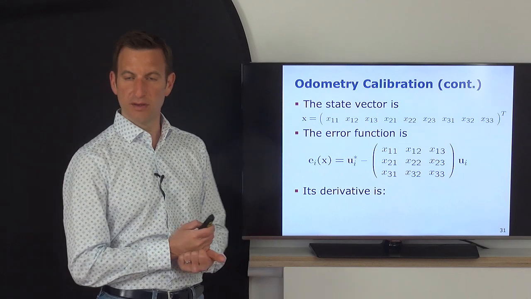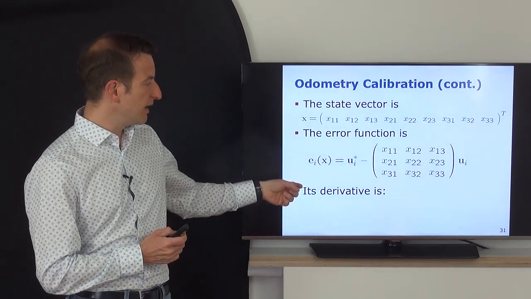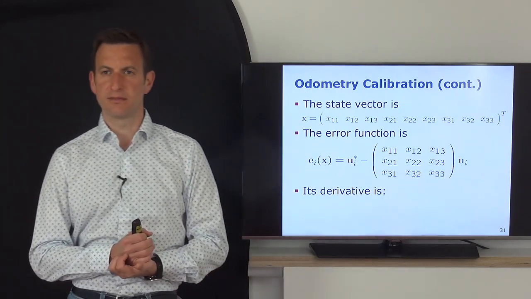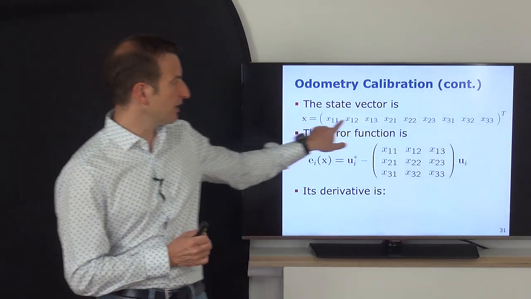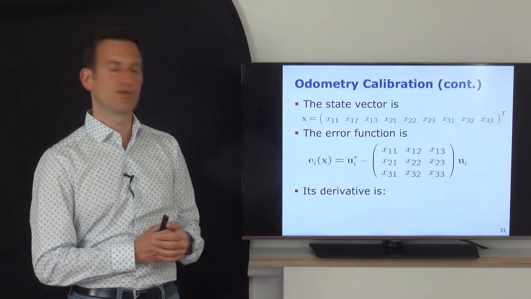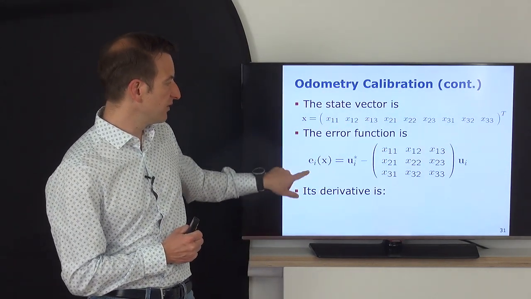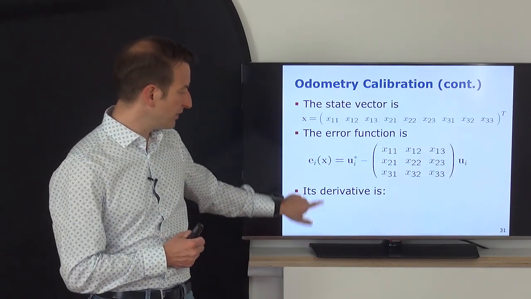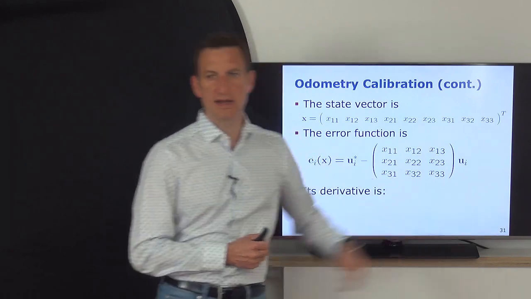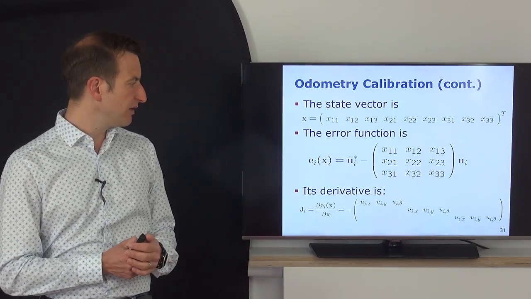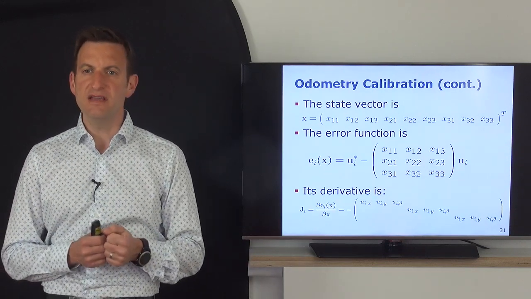So my Jacobian will be a matrix which has 9 columns, because we have these 9 dimensions over here, and 3 rows, because this is a 3-dimensional function. And it actually turns out that this has a very, very easy form.